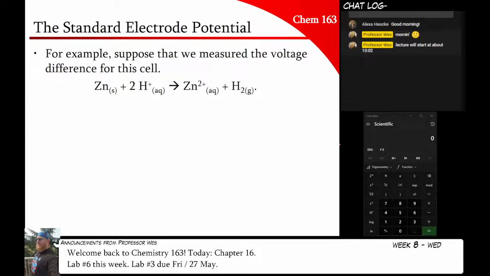Let's suppose, though, that we're going to do this reaction. I'm going to take electrons from zinc and add them to H plus to make H2 gas. In other words, I'm going to oxidize my zinc, and I'm going to reduce this.